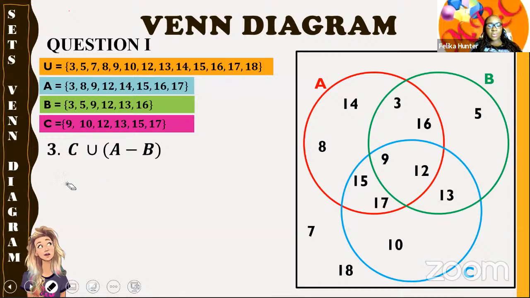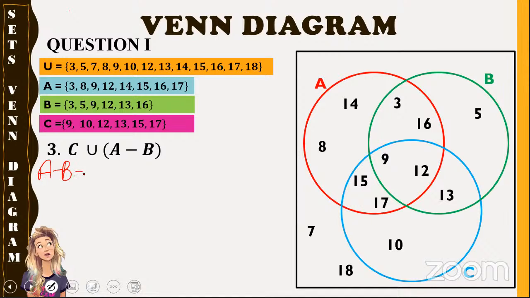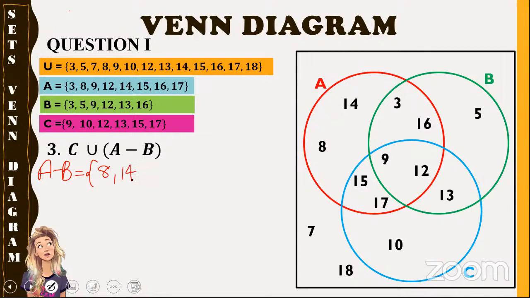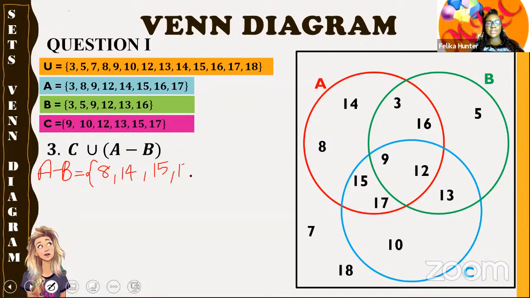Let me rewrite it smaller. A minus B. What is left would be 8, 14, 15, and 17. Well done.